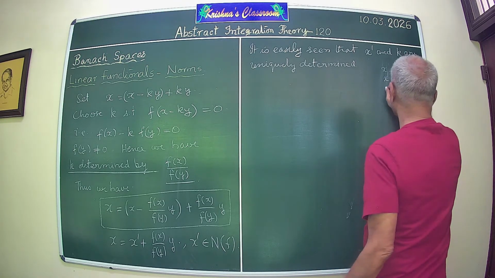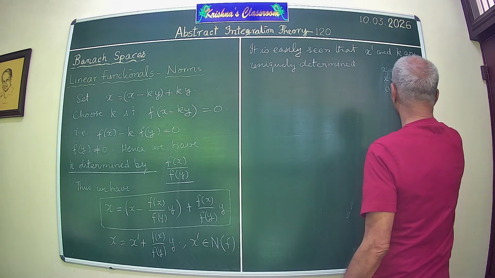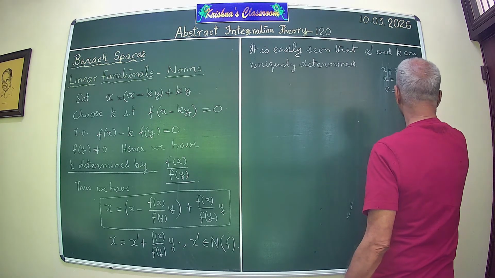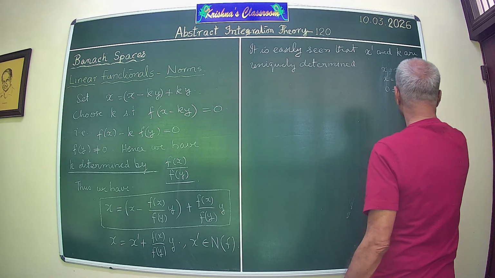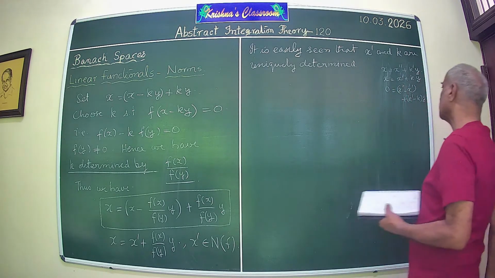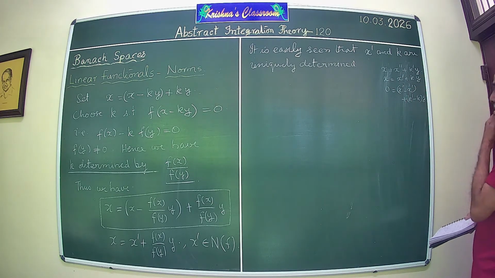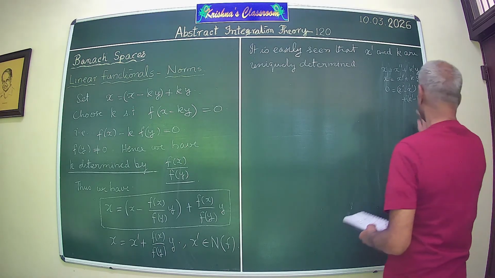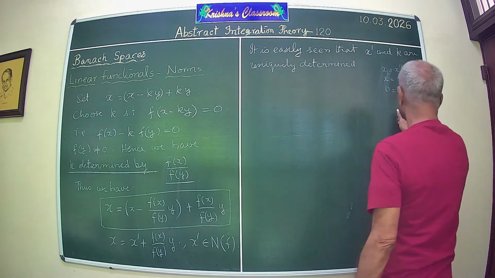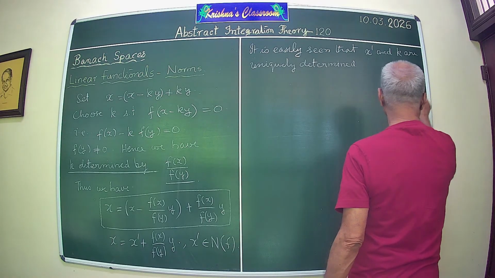Now you see that 0 equals x double prime minus x prime minus k y. Okay. Now you apply f on this.